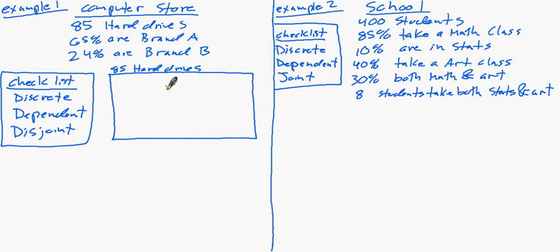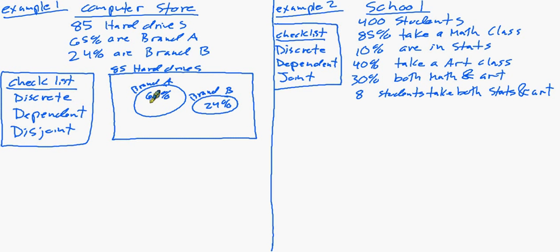We can have brand A, which is 65%. And over here we can have brand B, which is 24%. I've kept them separate because it's disjoint. You can't have both. There is no intersection between them.